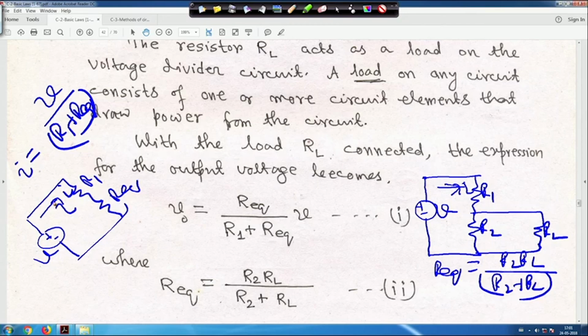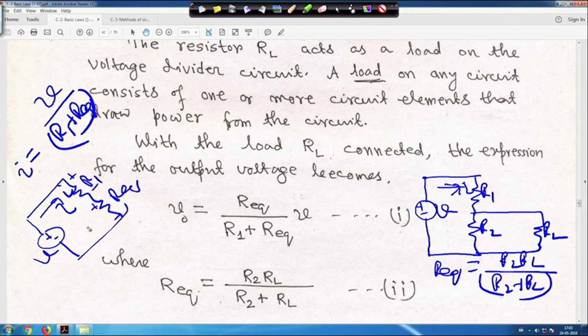Then what will V0 be? V0 is equal to Req into I, because this equivalent is Req. This voltage V0 is equal to V2, this was plus and this is minus. Hope everything is understandable to you.